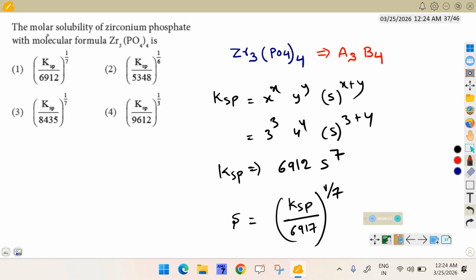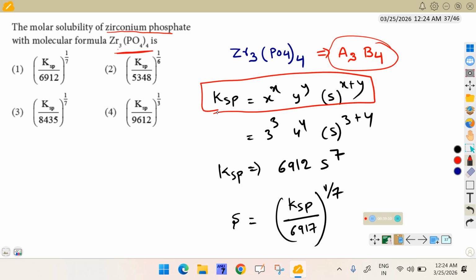The molar solubility of zirconium phosphate with molecular formula Zr3(PO4)4. Zirconium phosphate is an A3B4 type of compound. Solubility product formula is x power x, y power y, S power x plus y. 3 A's are present.